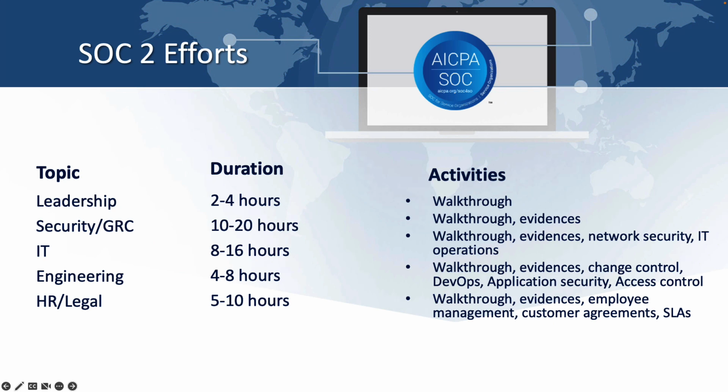And then detailed walkthroughs can happen with different teams, such as the security team, the IT team, the engineering team if you have a product, as well as some other departments such as HR, legal, and finance. Usually walkthroughs are there on the systems, evidence is asked to be provided to the auditor, documentation, sharing of policies, procedures, Q&As, so it's open during the audit session.